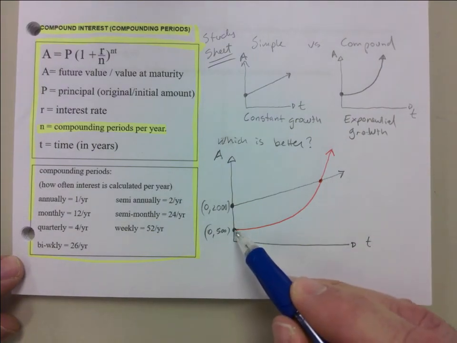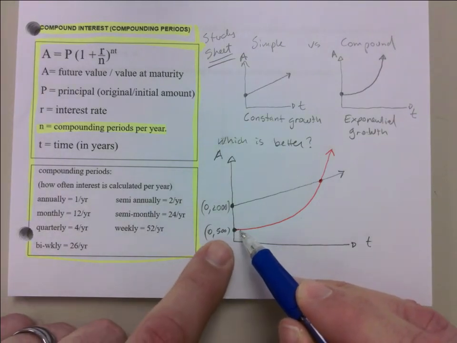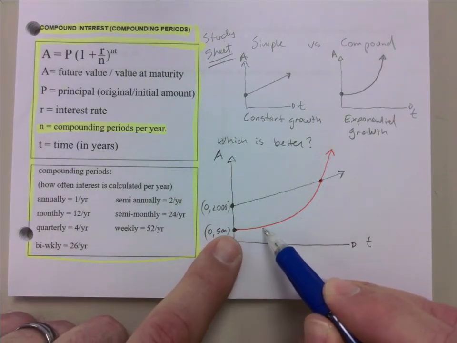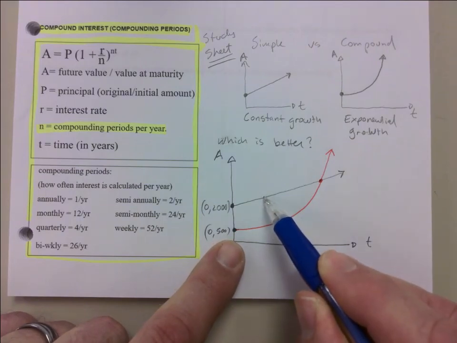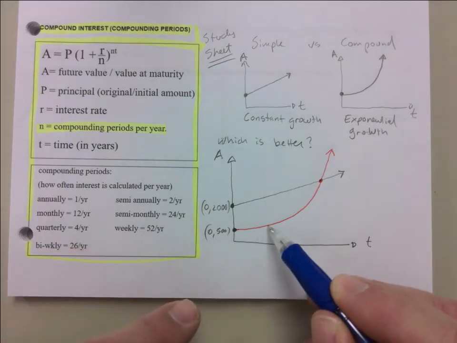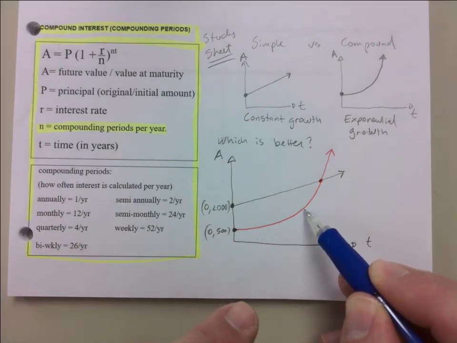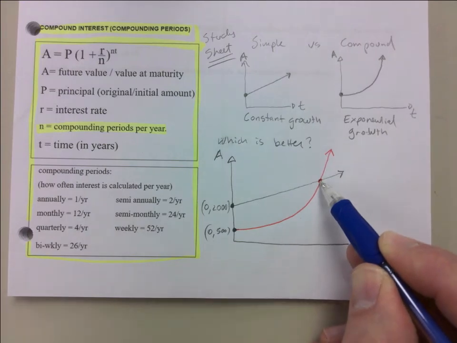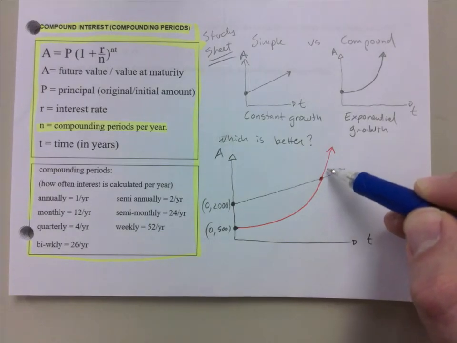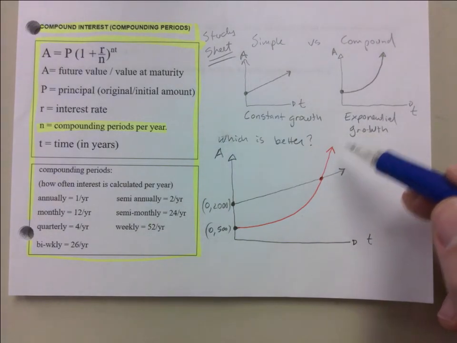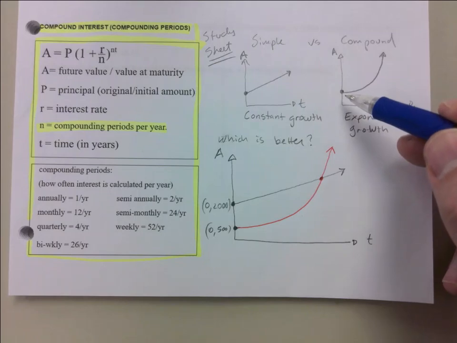At the very beginning, as time goes by, compound is underperforming your simple interest. But there's a point where compound is going to catch up, meet where you were under the simple interest investment, and actually far exceed it. It's just going to explode even further up after that.